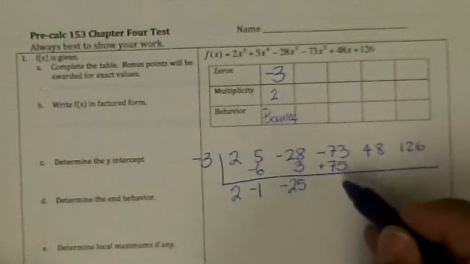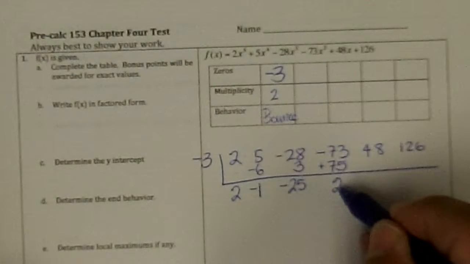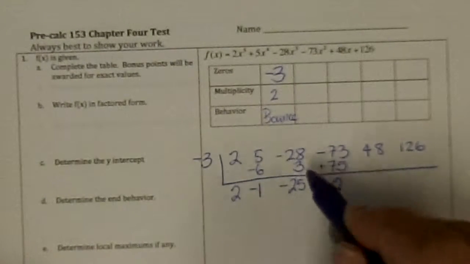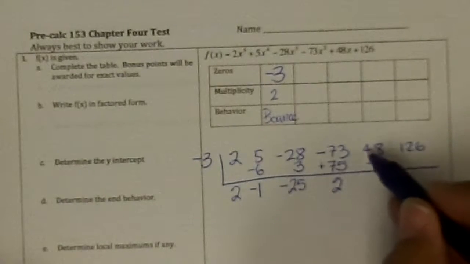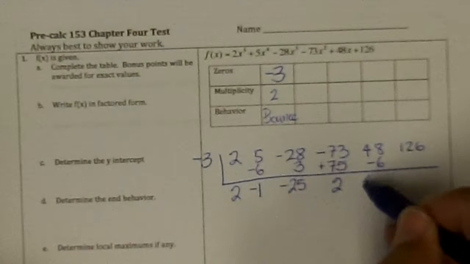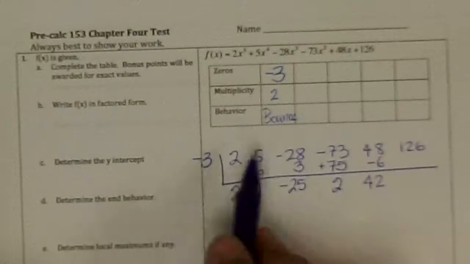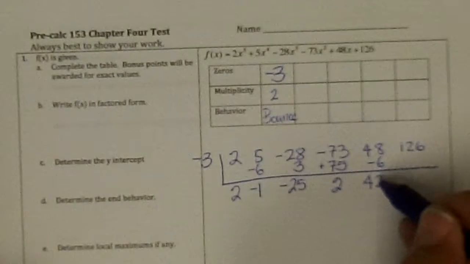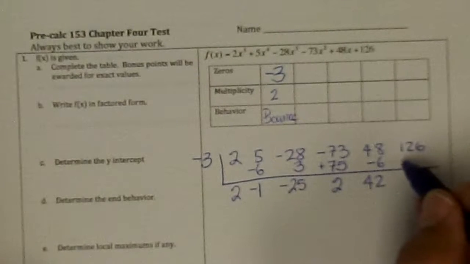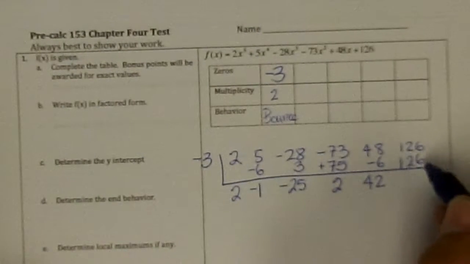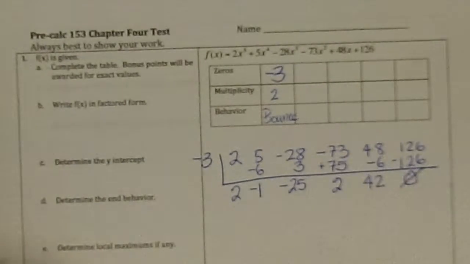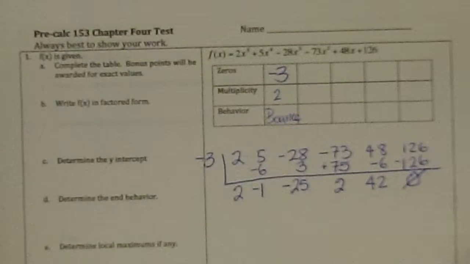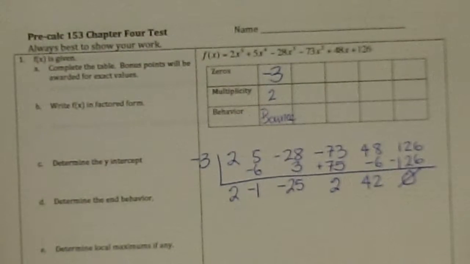Added to a negative 73 is plus 2. 2 times negative 3 is negative 6. 48 and a negative 6 is 42. Negative 3 times 42 is negative 126. Adds up to be 0. That confirms that negative 3 was a zero at least once.